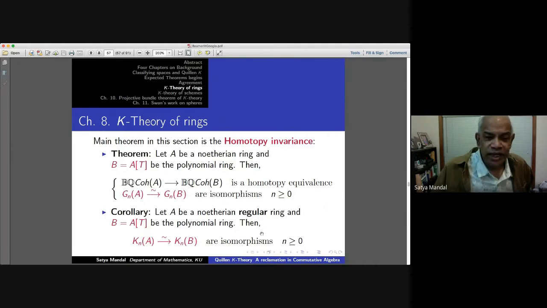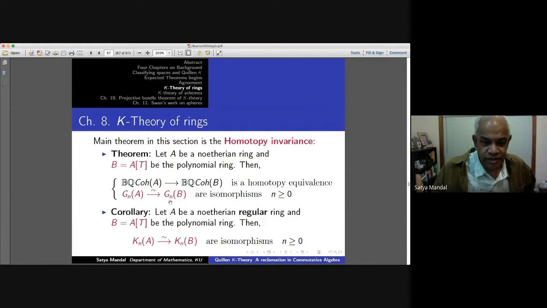Okay, so the main theorem here is that if you have a polynomial ring, then the K-theory of the ring and the polynomial ring agrees.